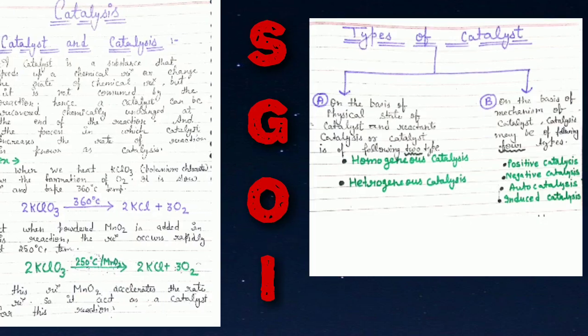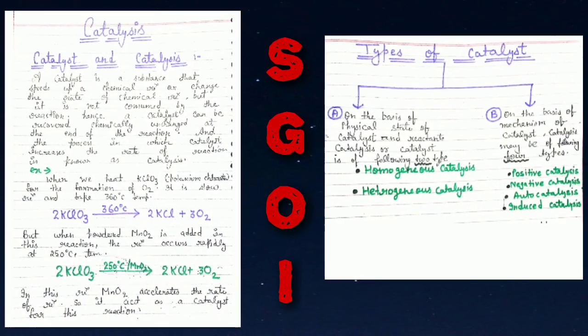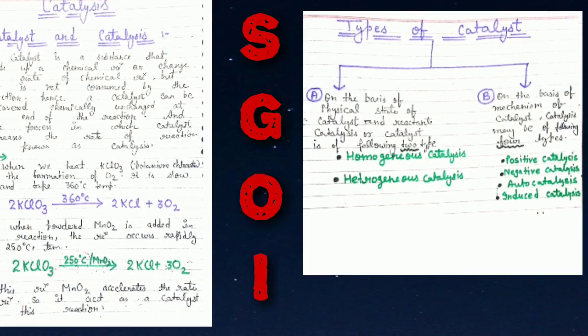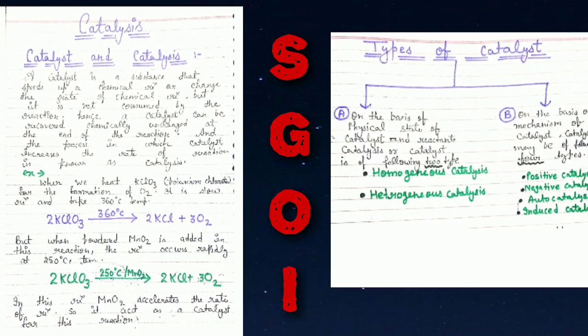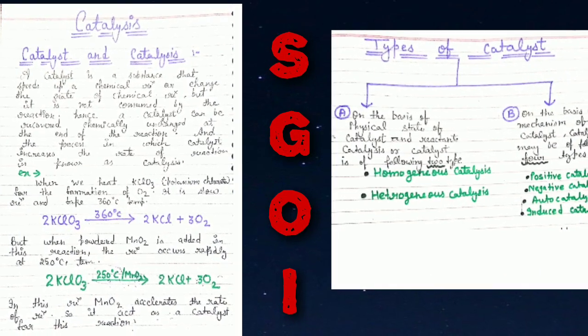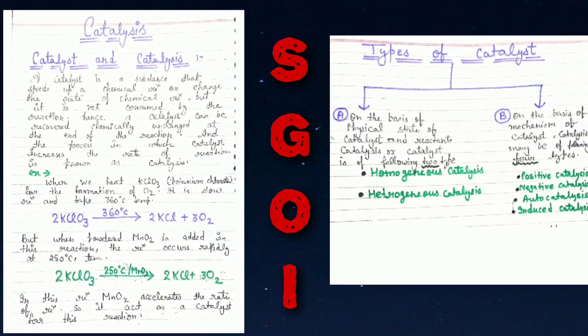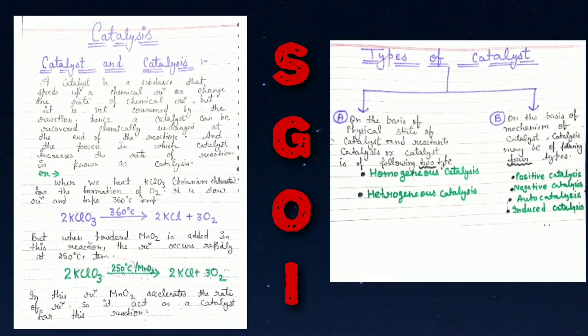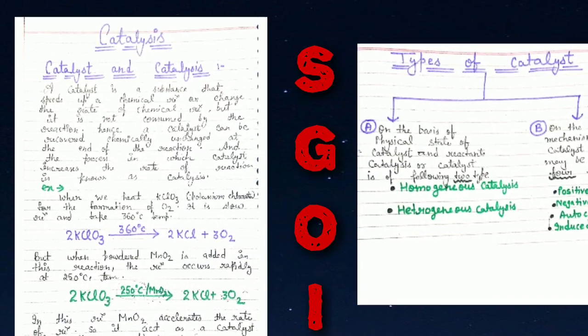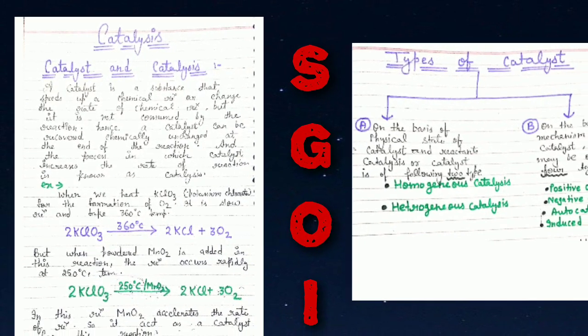In this type of catalysis, one reaction acts as a catalyst for another reaction. One reaction catalyzes another reaction. For example, oxidation of sodium sulfite: in the presence of air, Na2SO3 oxidizes and gives sodium sulfate.